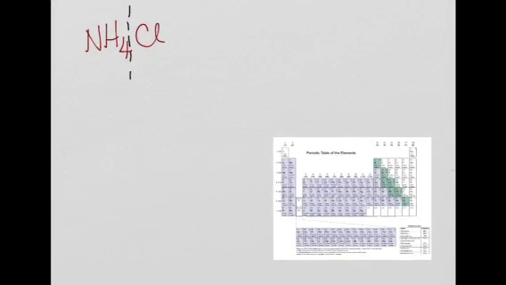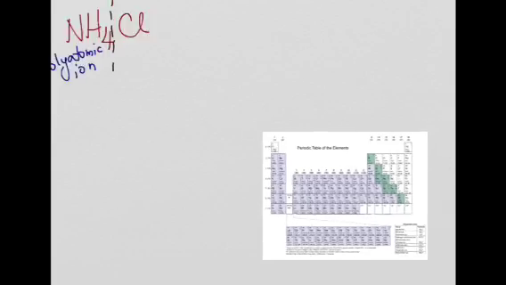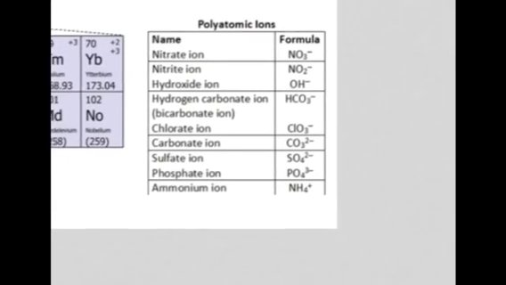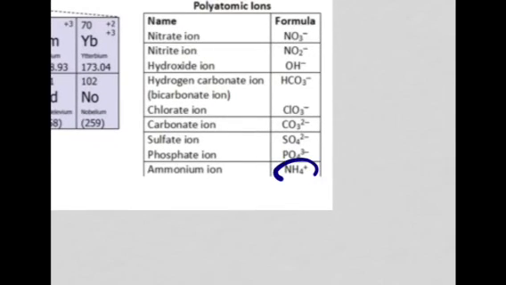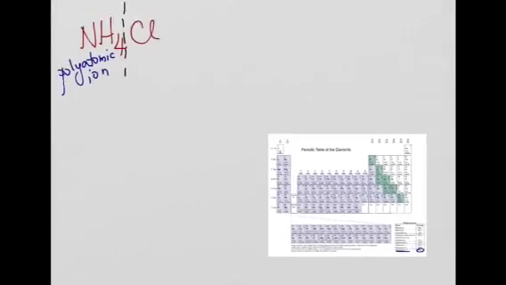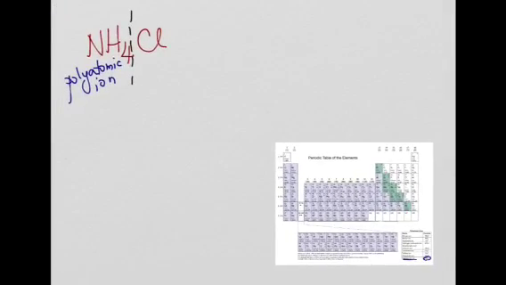But you'll notice that it's a polyatomic ion, and I know because it has more than one element, nitrogen and hydrogen. If you look at the polyatomic chart, NH4 is right here. It's our ammonium ion, so we write ammonium.